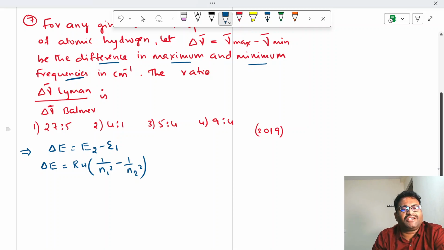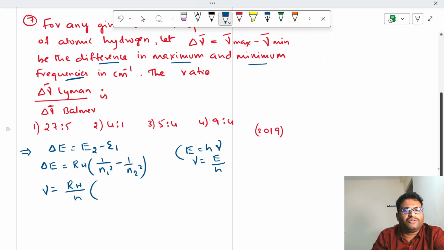Delta E means energy, and we know that E is equal to h nu, so nu is equal to E by h. So nu is equal to RH by h into 1 by N1 square minus 1 by N2 square.